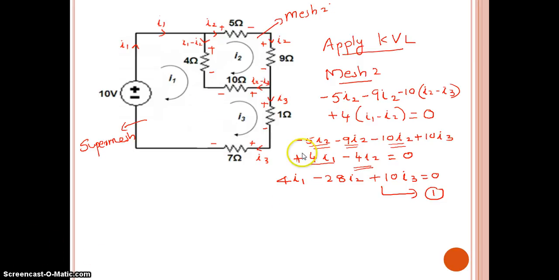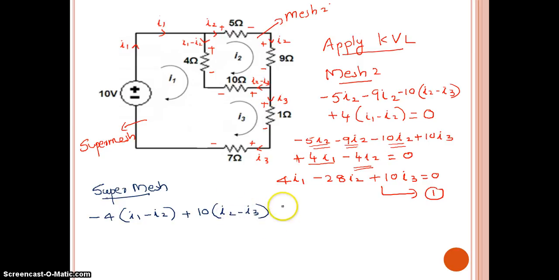Now we have to apply KVL to the super mesh. See here, the current direction is like this. Plus to minus, so it is minus; the resistance is 4, the corresponding current is I1 minus I2 in that branch. Coming here, I3 in this direction. Minus to plus, plus 10, that current is I2 minus I3.